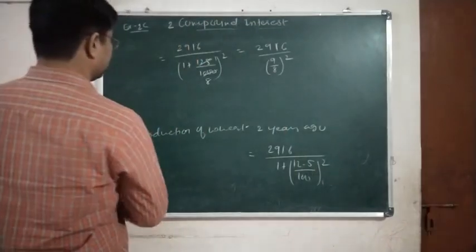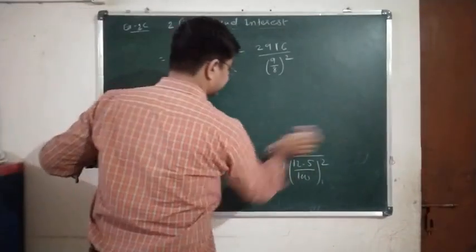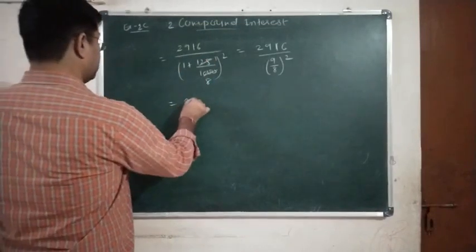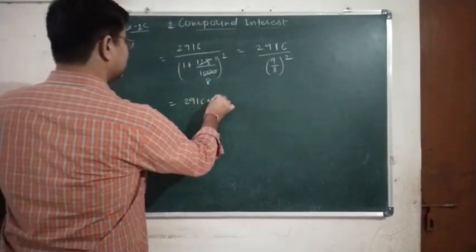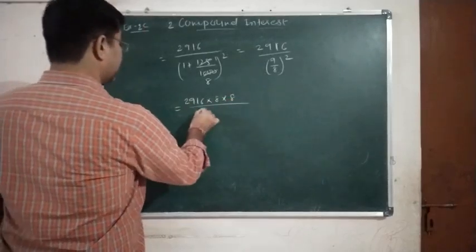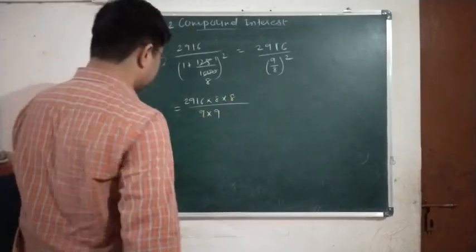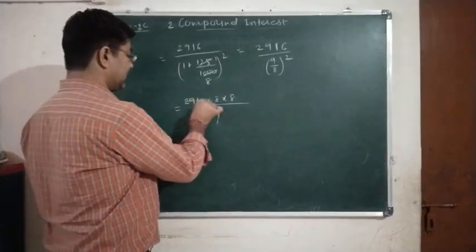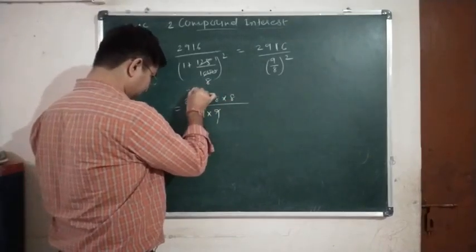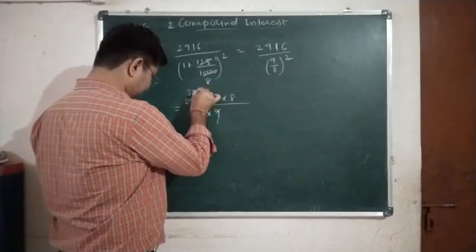Okay, now we can further simplify. 2916 into 8 into 8 upon 9 into 9. Now let us reduce by 9 directly. 9 3s are 27, 9 2s are 18, 9 4s are 36.